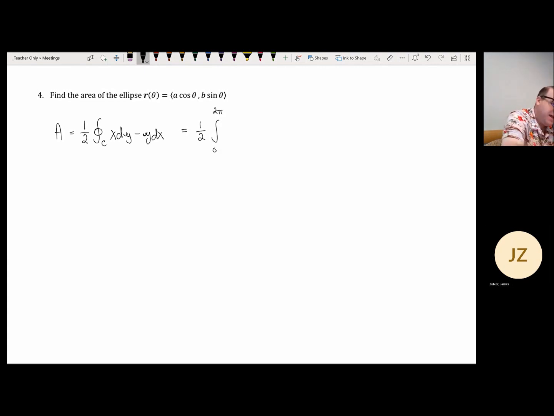One half the integral from 0 to 2 pi of negative b sine theta, a cosine theta, dotted with the derivative of a cosine theta, b sine theta, d theta.